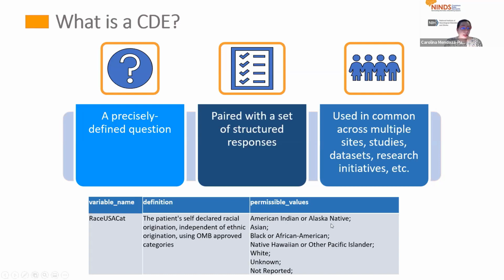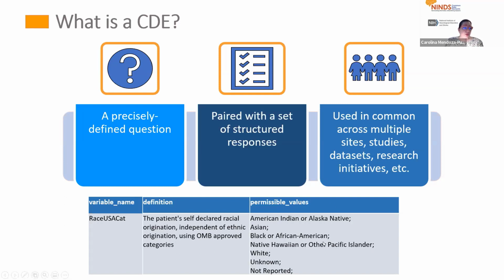An example here below is race. This is the short name of our variable, race in USA. The definition is the patient's self-declared racial origination, independent of ethnic origination, and we're using the OMB approved category. This will be more for government funded studies, but it's just an example.